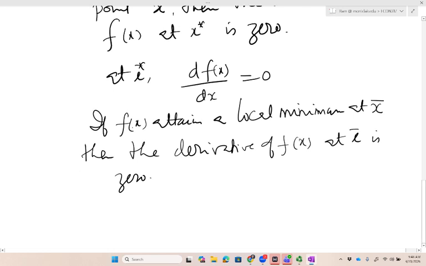So let's write it more precisely. At x bar, the derivative is 0. Okay, so two things.